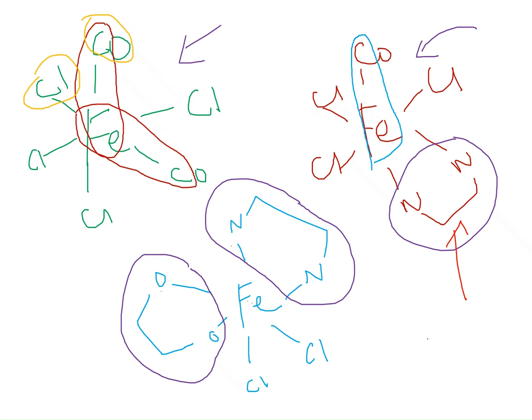But for a ligand like ethylene diimine, which is derived from glycol, that one ligand has 2 coordination sites, and both oxygen and both nitrogen coordinate to the metal.